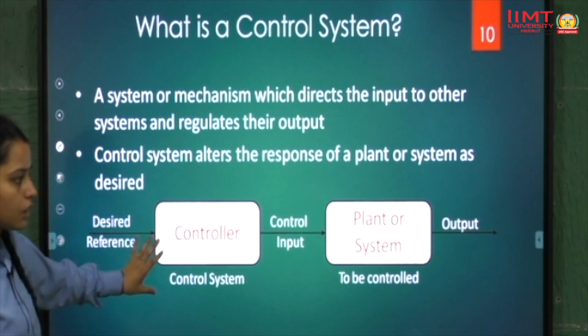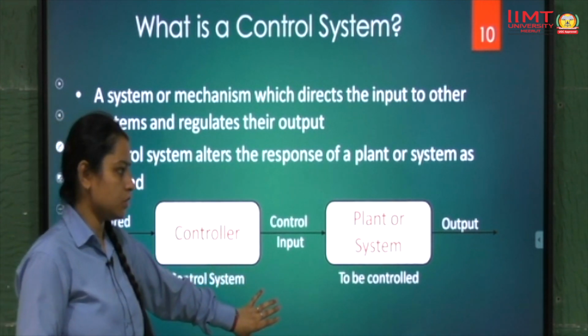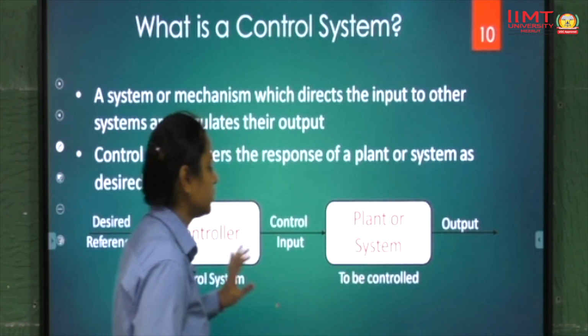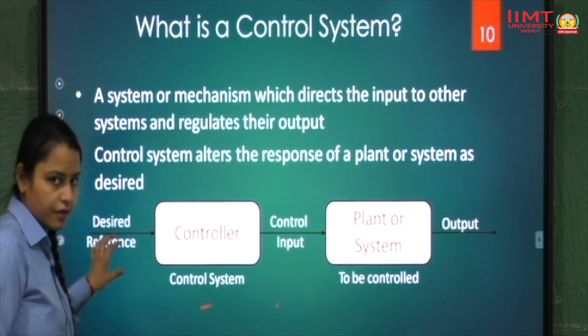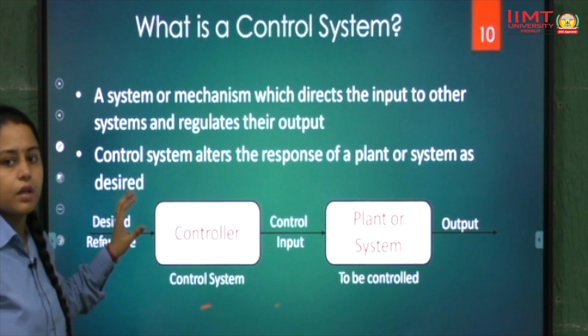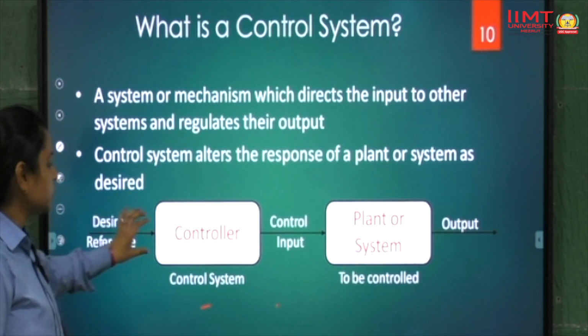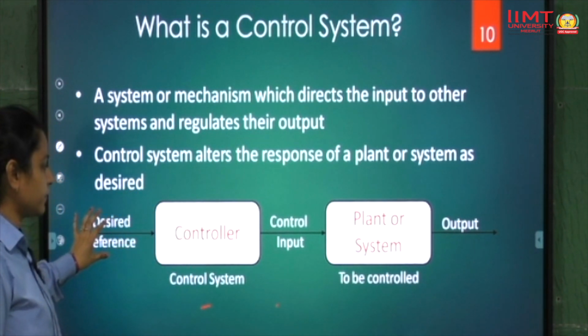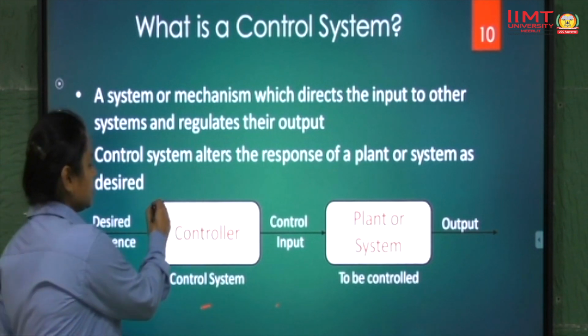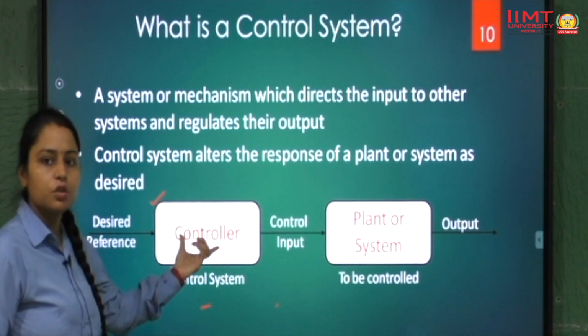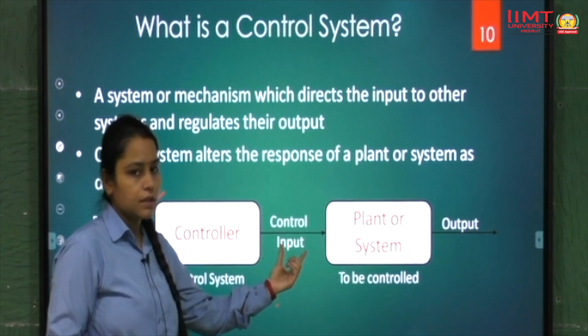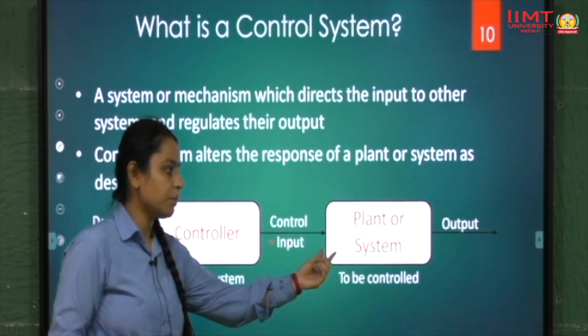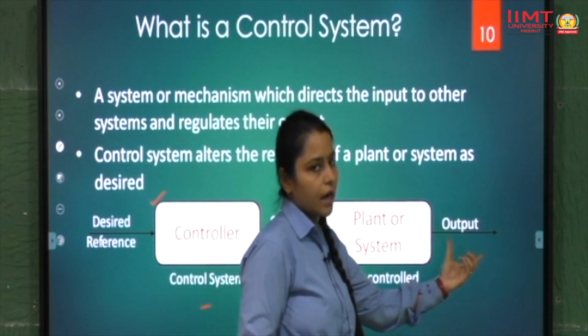This is the example of an open loop control system, where we do not compare the output with the input. Here we have a desired reference input, we require some output, and then we have a controller to control the output, and this gives a control input to the plant or system, and then we get the desired output.